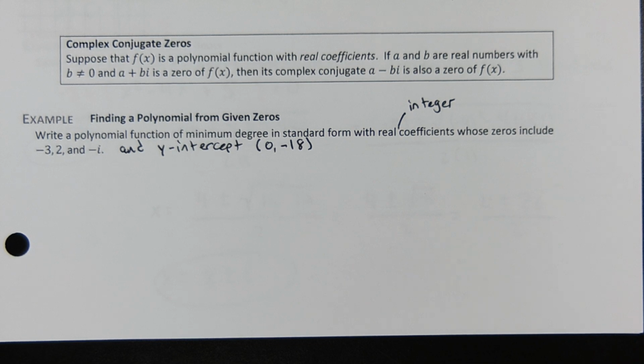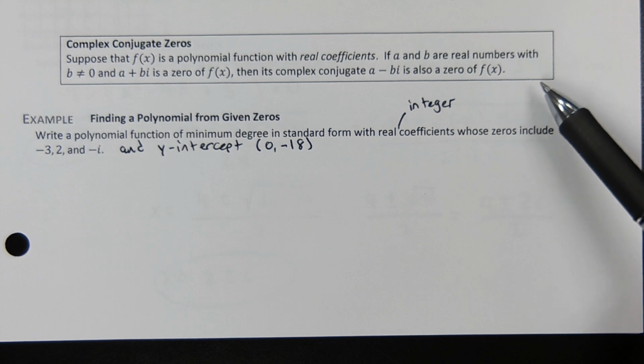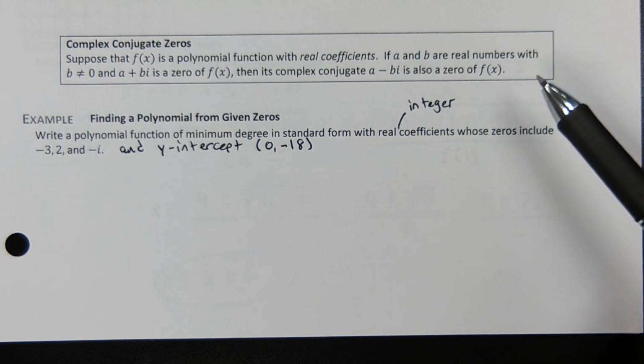I gave you 3 solutions. -3, +2, -i. But because of the box, what else must be a solution? Come on, guys.